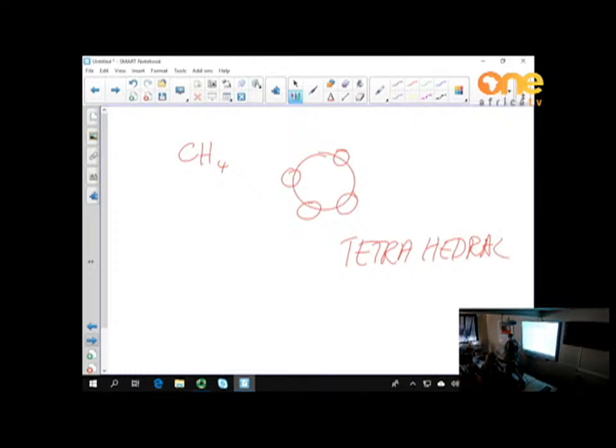Tetra, 4. All right, tetrahedral. I'm sorry, it's not got 4 on the foot. I'll explain the shape now when we start with that. Okay, now.